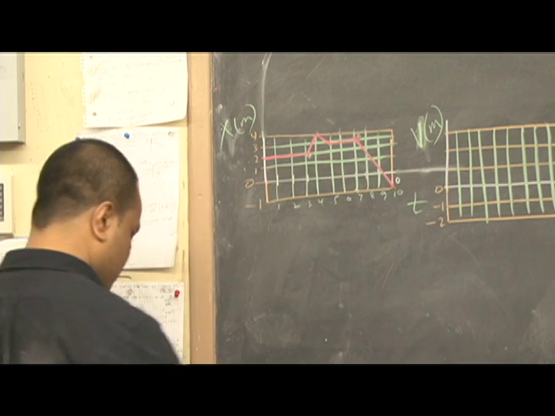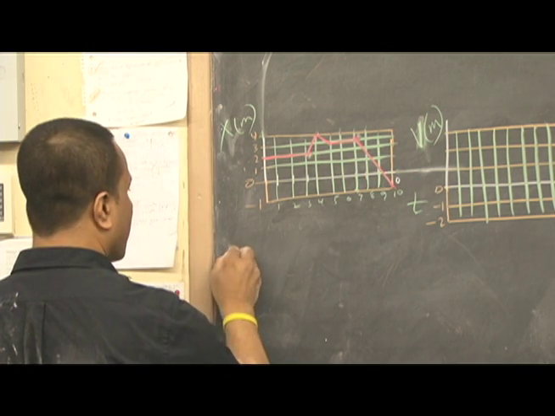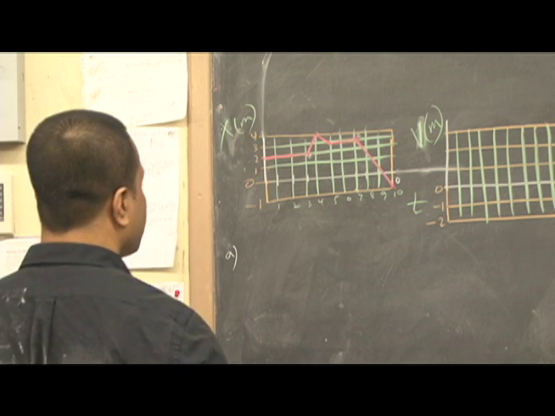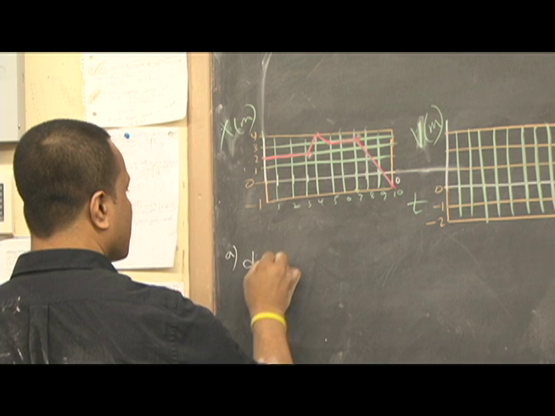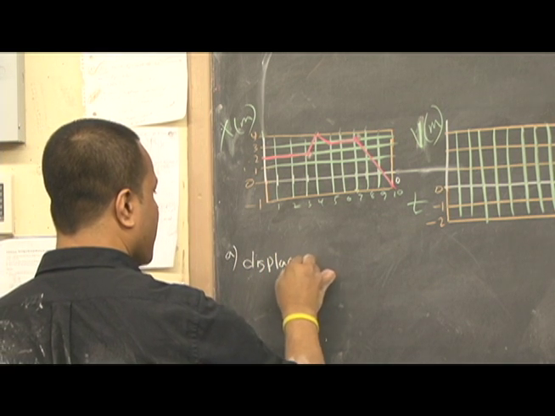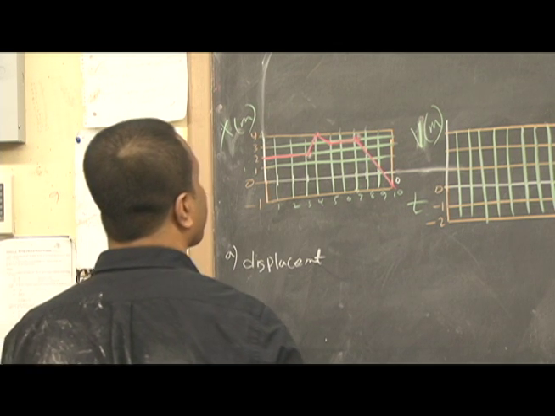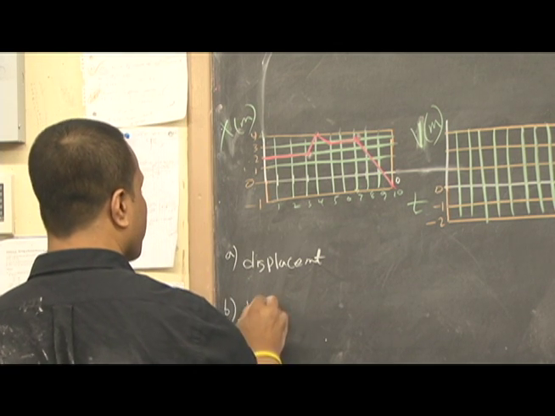Okay, so what can we find? Number A, we can find displacement. Number B, we can find velocity.